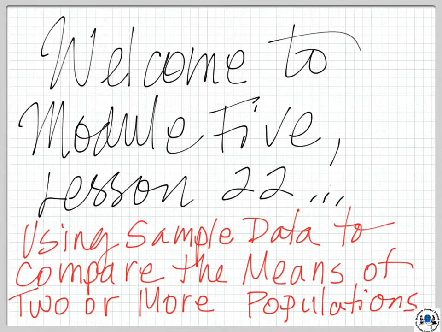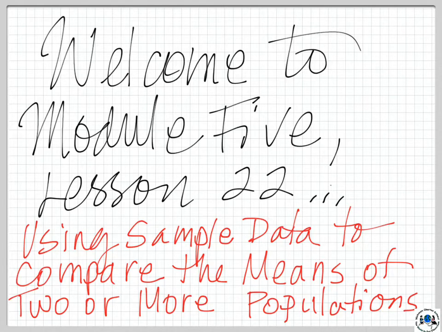Of course, we know that there will be sampling variability. But we also want to calculate the means and then compare those two populations.